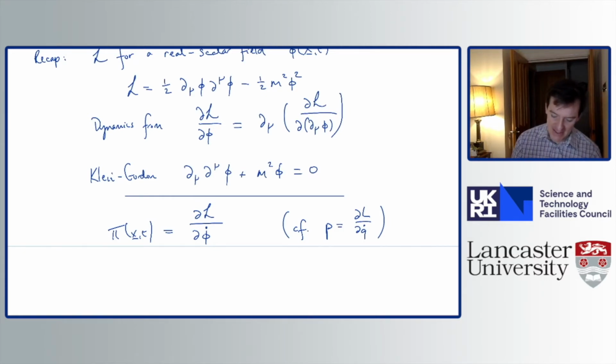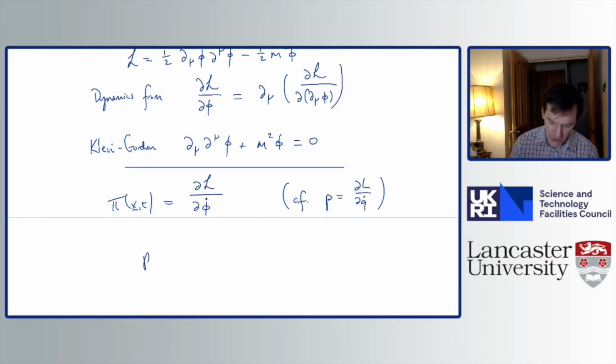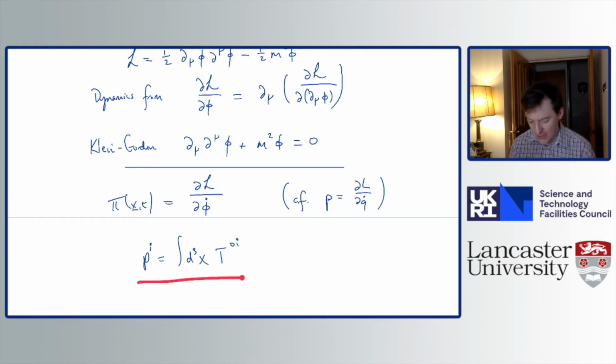If you wanted to get the momentum, I also told you how to do that yesterday. You can get the momentum from the energy momentum tensor. If you calculate the energy momentum tensor and integrate it, this really does give you a number. This is the physical momentum, if you like. This pi is a field, but it has the name conjugate momentum.